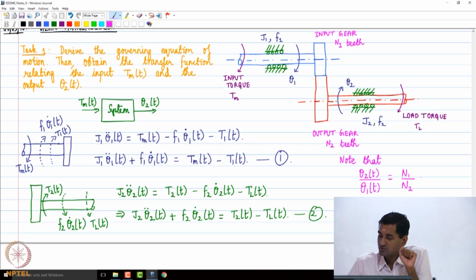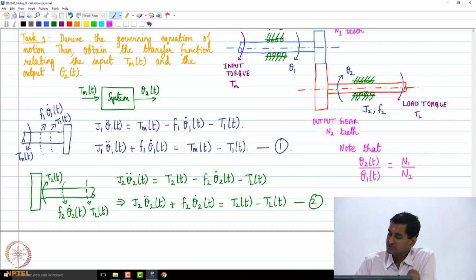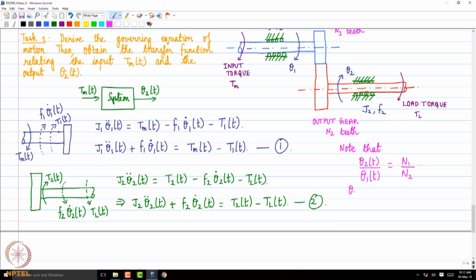And of course, once we have this, we want to eliminate theta 1. What you can immediately see is that theta 1 is going to be equal to N2 by N1 theta 2(t), from this equation.